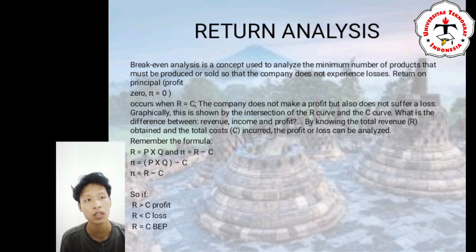Remember the formula R equals P times Q, and profit equals R minus C, so profit equals P times Q minus C. So if R is more than C, that means a profit.